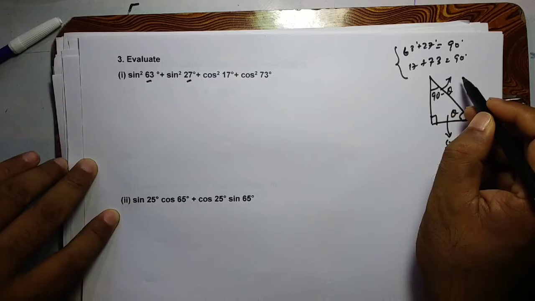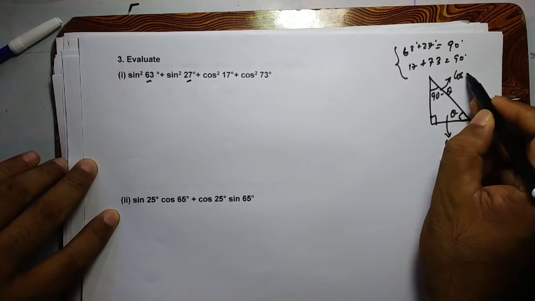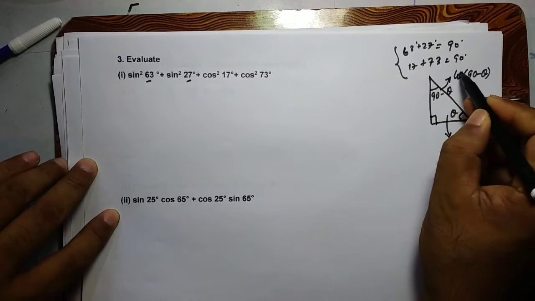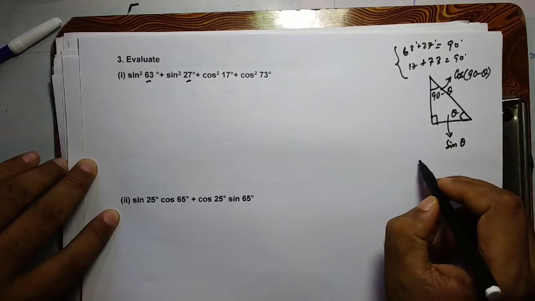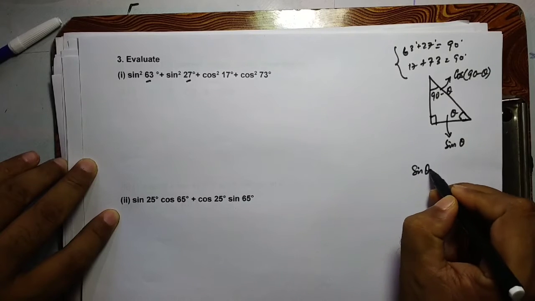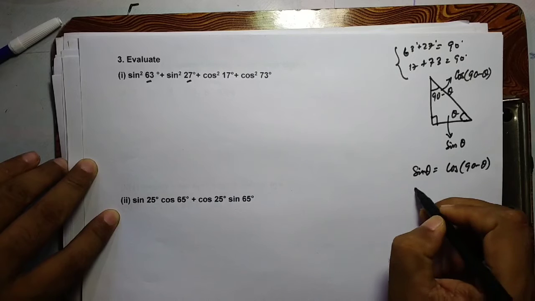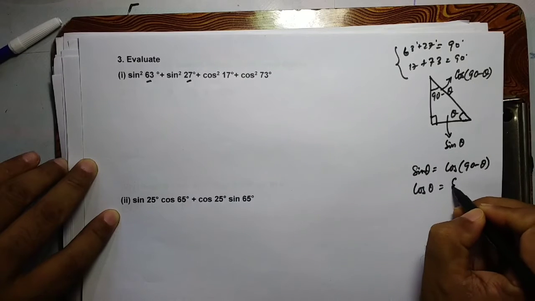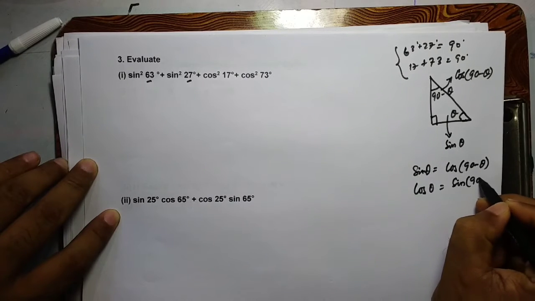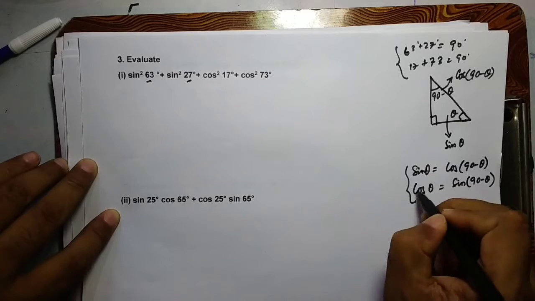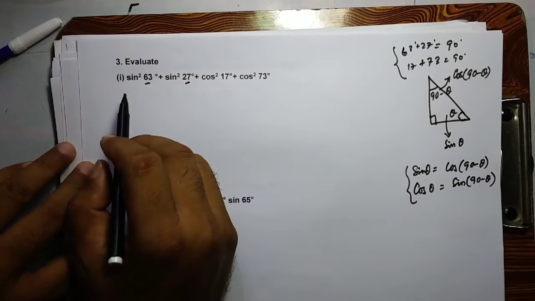Cos of 90 minus theta will have the same ratio. We know sine theta equal to cos of 90 minus theta. Similarly, cos theta is also sine of 90 minus theta. You refer to my previous video, right?